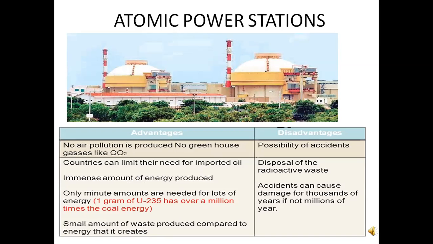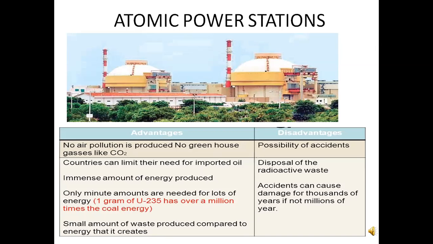An immense amount of energy is produced, only minute amounts of fuel are needed for lots of energy, and a small amount of waste is produced compared to the energy it creates.